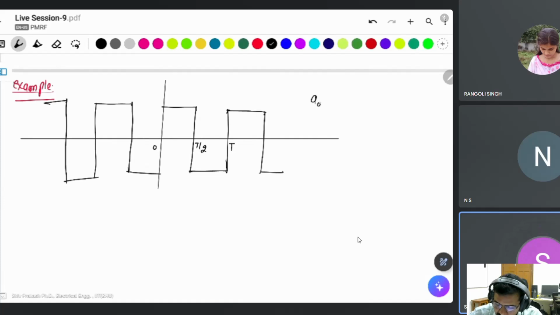For this one, this is the even signal and symmetric signal, then A naught is equal to 0, An is equal to 0. Sorry, it's an odd signal. For the odd signal, only Bn is present. Then Bn is 4A divided by n pi, An is equal to 0 for this one, where n is odd only.